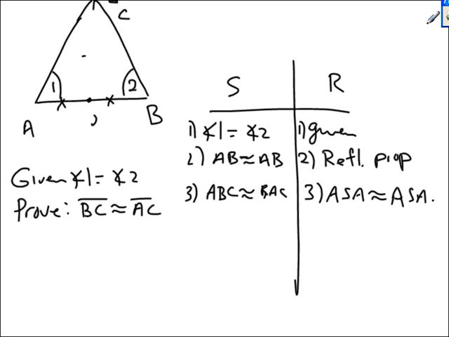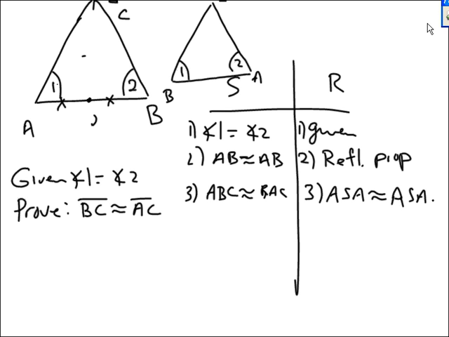Now, what we're doing here is we're thinking of this triangle as two separate triangles. I'm going to draw the mirror image over here. That is, this is A, and this is B, and this is C, and that's angle 2, and that's angle 1. Well, we're given that the two angles are equal.